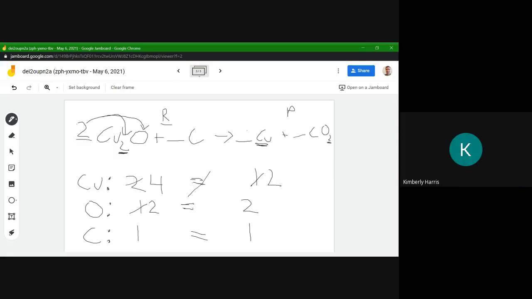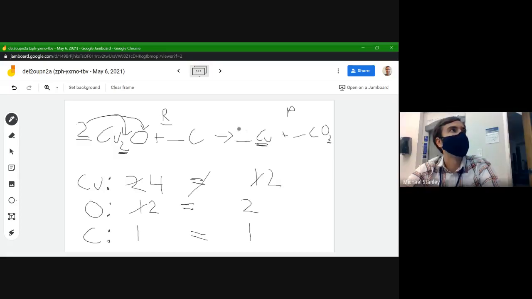A 4. Exactamundo. Now, instead of having 2 coppers on this side, boop, we've changed it. So now we have 4 instead. Just like that. It's that easy. Again, you can always erase and add in a different coefficient if that will help you balance the equation.